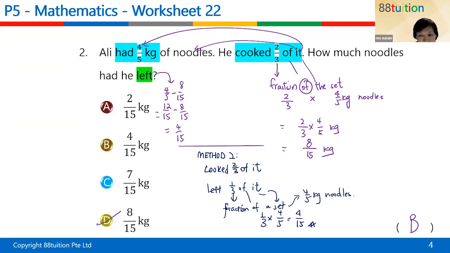All right. Question number 3. Good, Casey. Casey, you must be careful with this. I need to erase this D first.